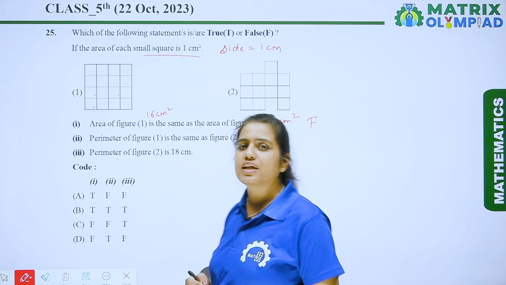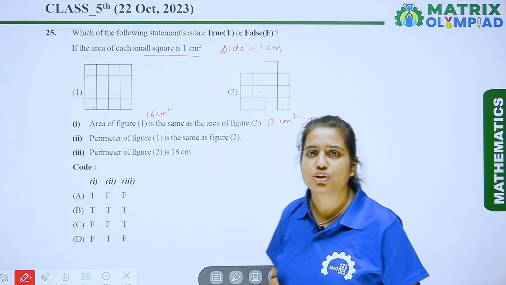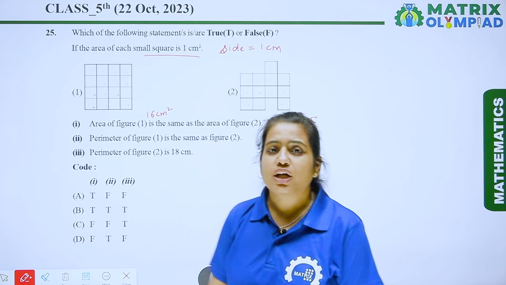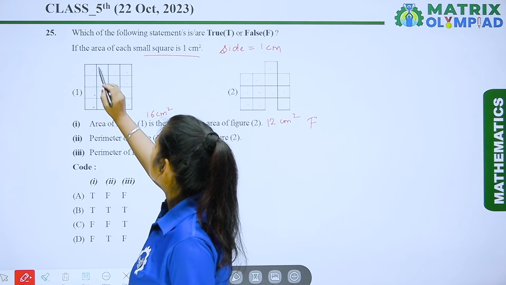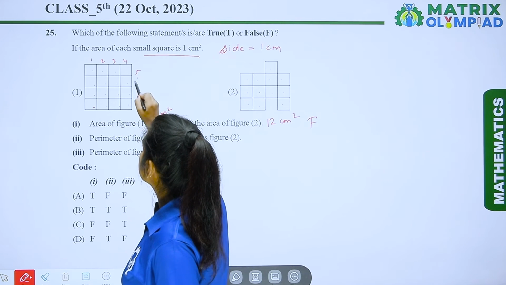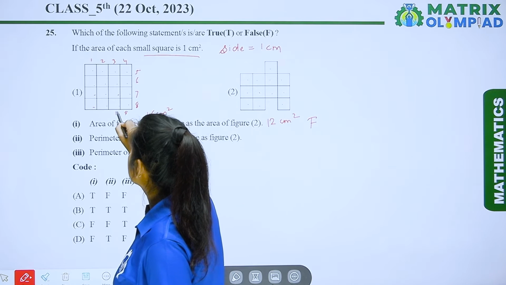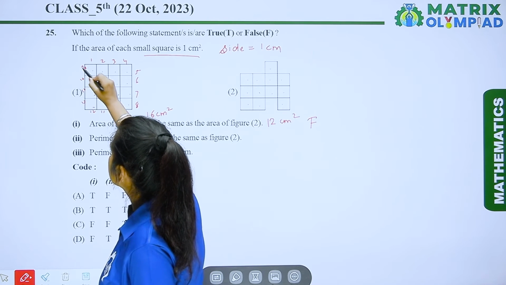Now the next statement is perimeter of figure 1 is the same as perimeter of figure 2. Now we are going to find out the perimeter of these two figures. Let's find out the perimeter of the first figure: 1, 2, 3, up to 16.